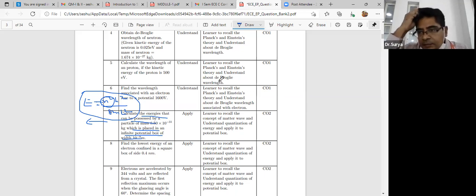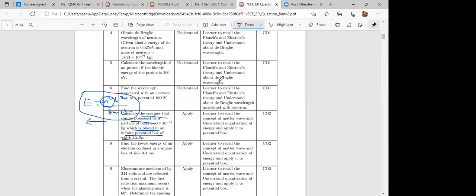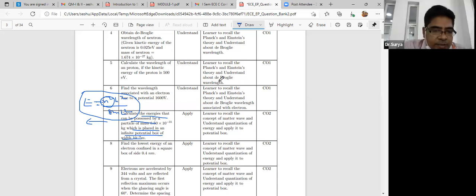Is that clear? Was that question okay? Yes, sir. So the next question also: find the lowest energy of an electron confined in a square box of width 0.4 nanometers. Lowest energy is n equals to 1.